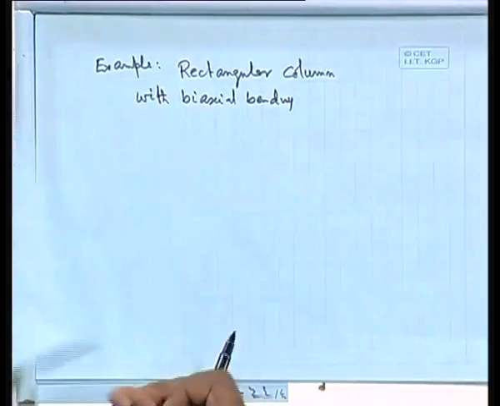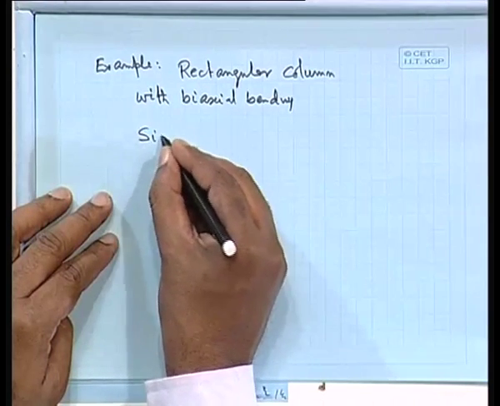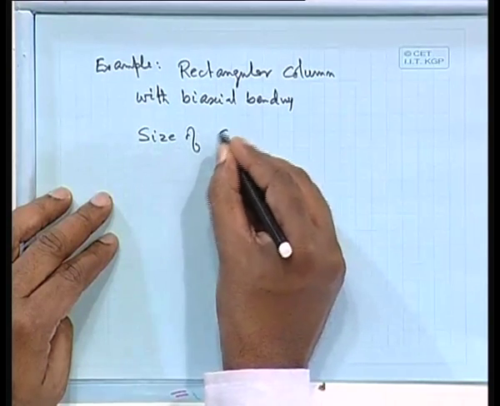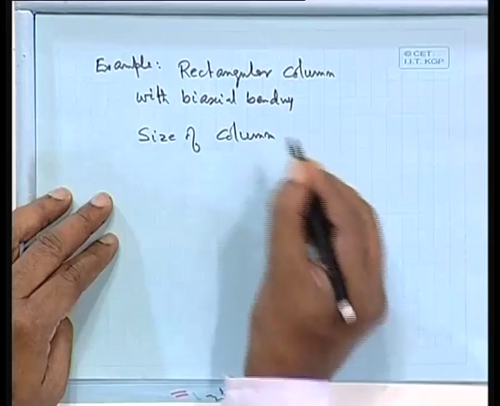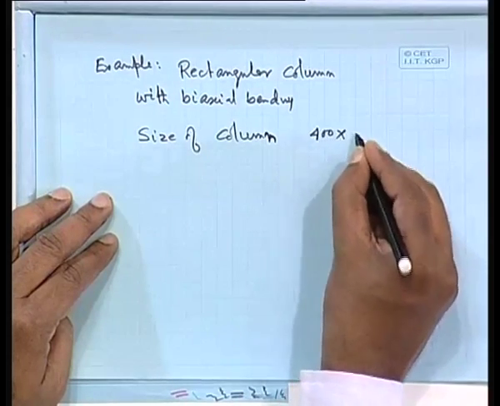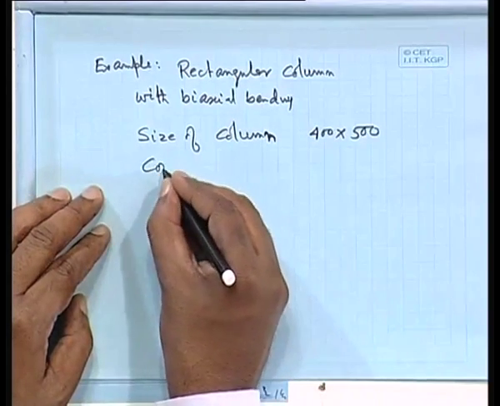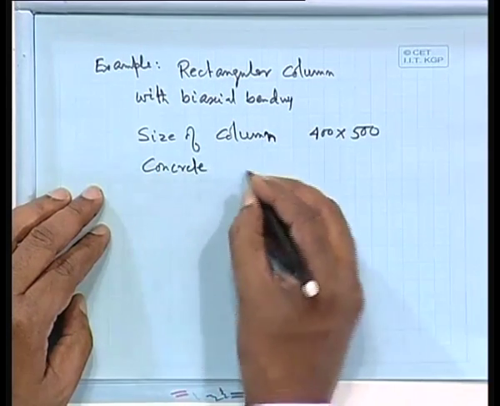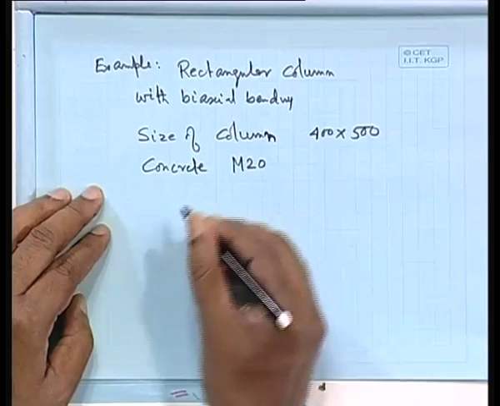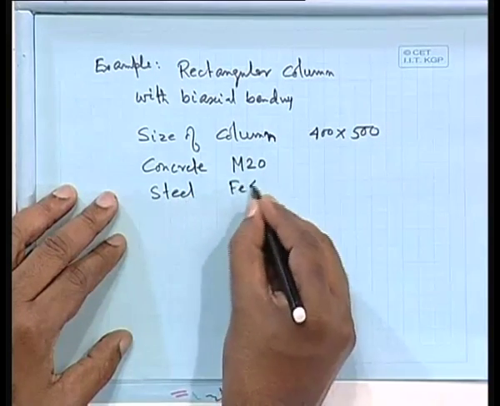Okay. So, let us take the column section. Size of column 400 by 500, concrete M20, steel Fe415.